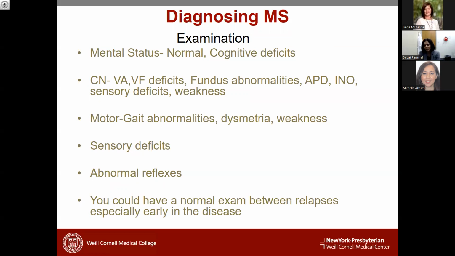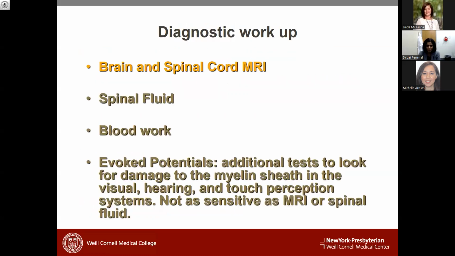But what is very important to remember is, especially earlier in the disease or with milder disease, even later in the disease, the patient can have a completely normal exam between relapses. So a normal exam should not exclude a diagnosis of MS.